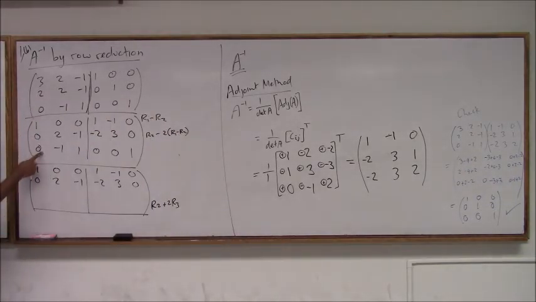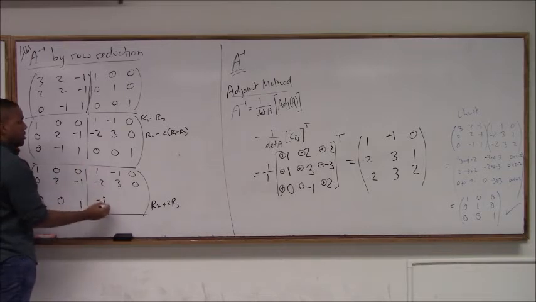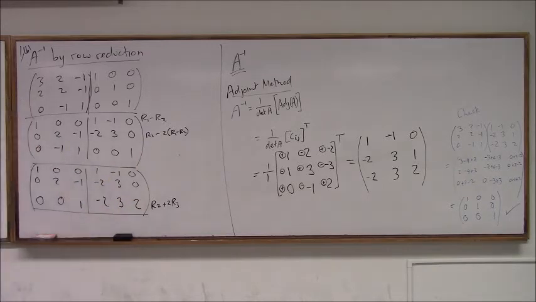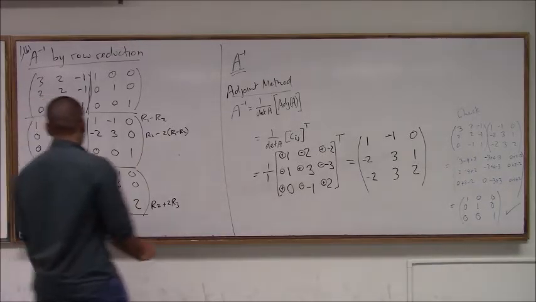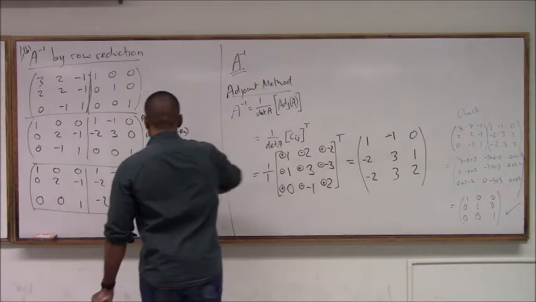So this plus 2 times that, 0. This plus 2 times that, 0. This plus 2 times that, 1. This plus 2 times that. This plus 2 times that. This plus 2 times that, 2. Then I can just add these two and then divide through by 2 and we're done.